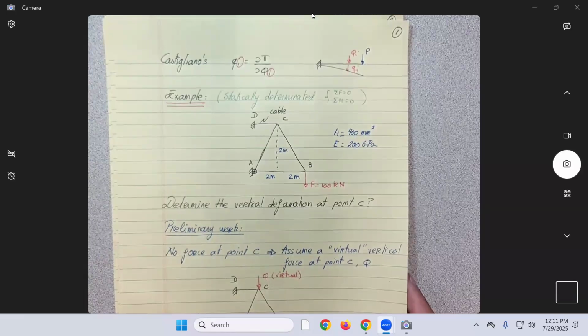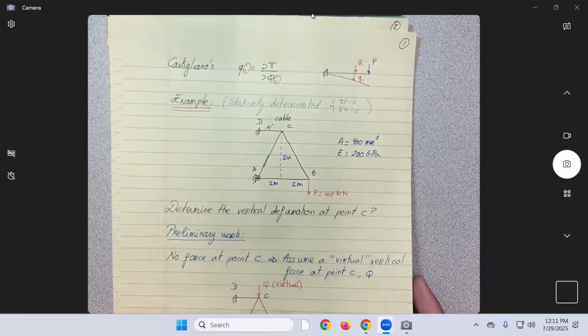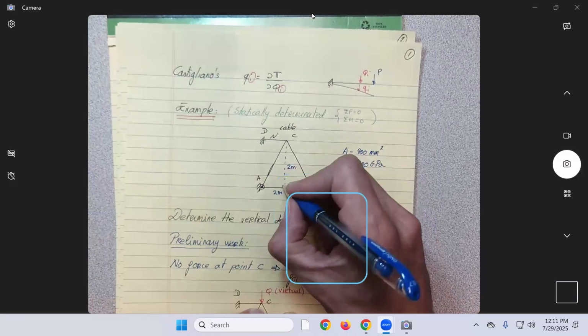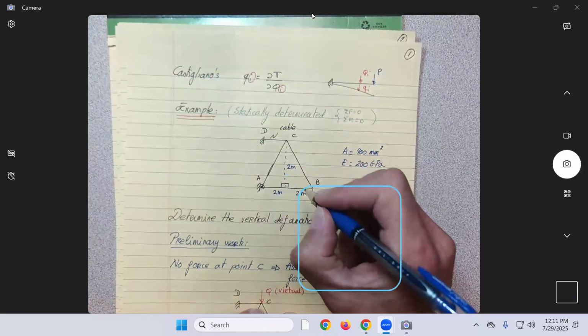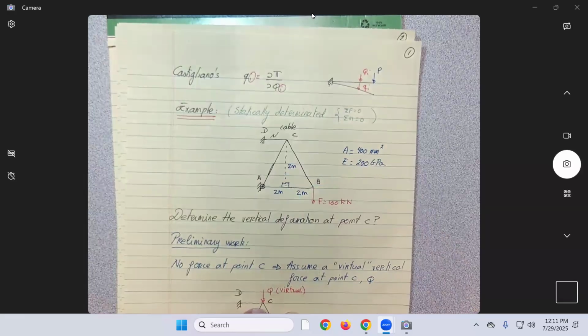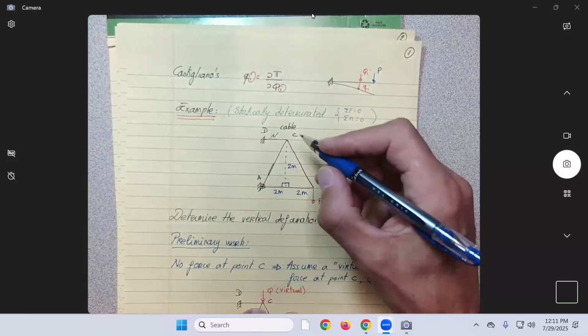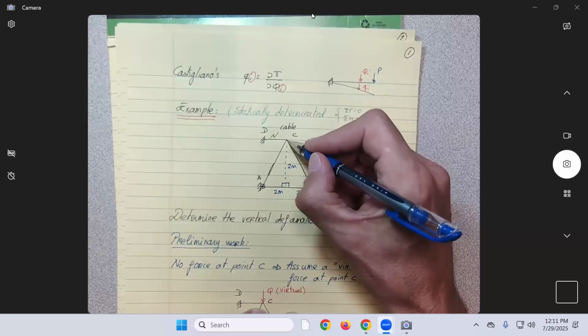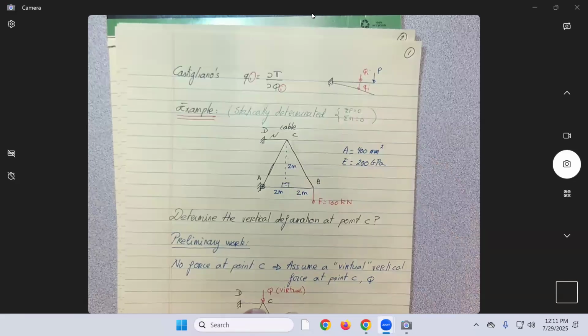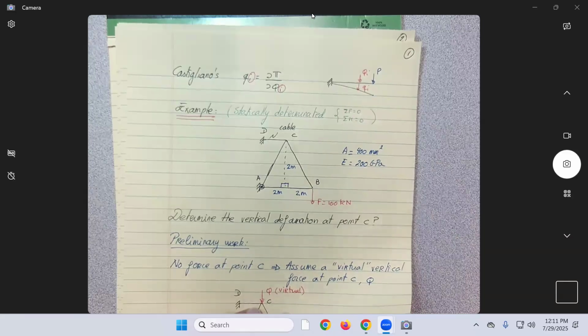And it's a right triangle, no? So anyway, this is 45, this is 45. You agree that this angle here is going to be 45 and 45. Okay.